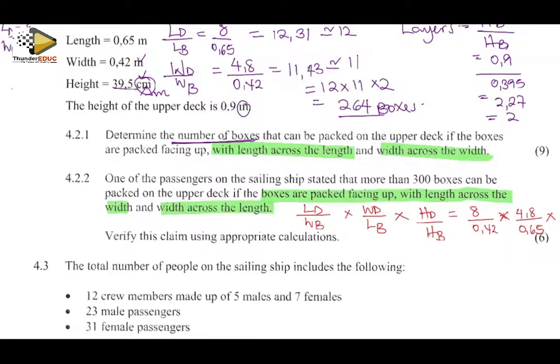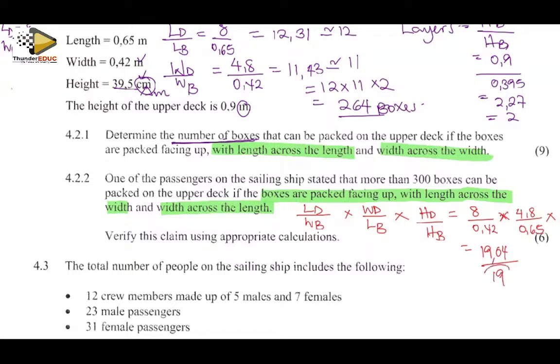So here we are finding out how many boxes will fit on the long side, how many boxes will fit on the short side. So here we have the answer as 8 divided by 0.42, we have 19.04 because we're looking at boxes.